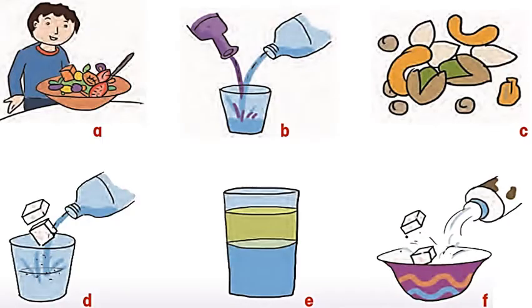Help me now classify the following mixtures into heterogeneous mixtures and homogeneous mixtures. If the mixture is a heterogeneous mixture, we will cross it together. Deal? Let's take a look at the first mixture. We have a fruit salad. How many colors does this fruit salad show?